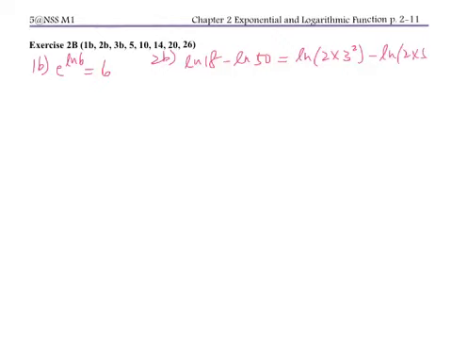Now we go to exercise 2B. Let's start. 1b. ln 6. That means 6. Then 2b. 2b is ln 18 minus ln 15. That is ln of 2 times 3 squared, and then minus ln of 2 times 5 squared.